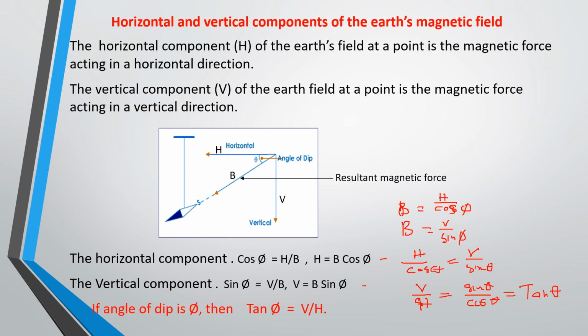Okay, so that is what we have here. Alright. So the angle of dip can actually be calculated from the values of the resultant force along the horizontal and the vertical axis, as the case may be. Alright, so that is just that. I hope this one is clear.